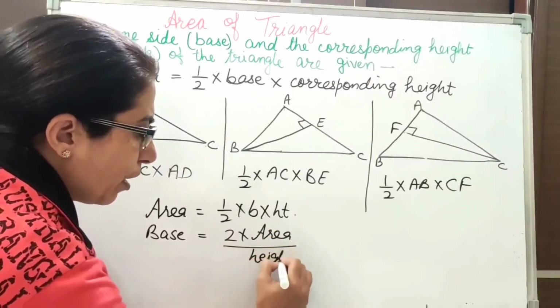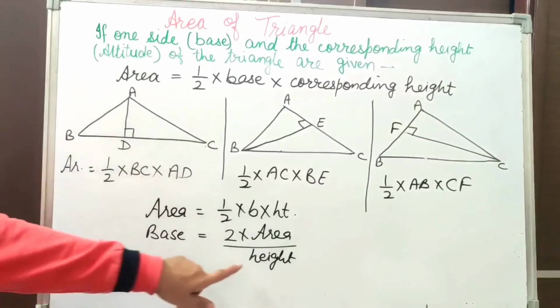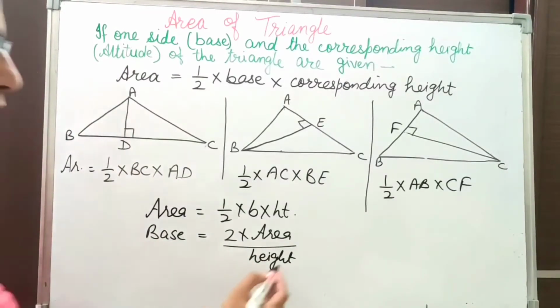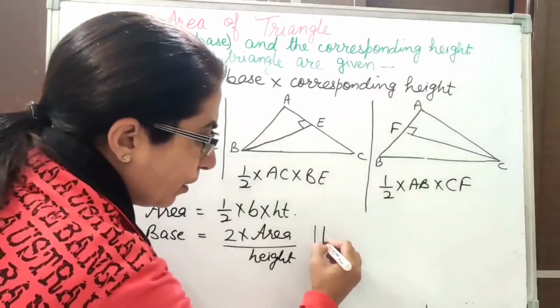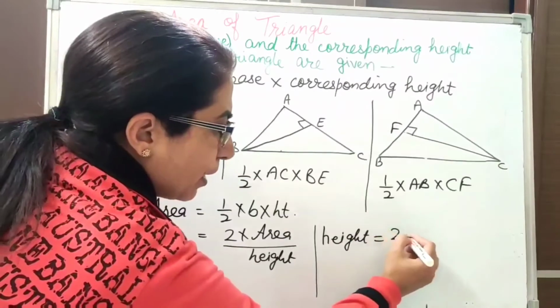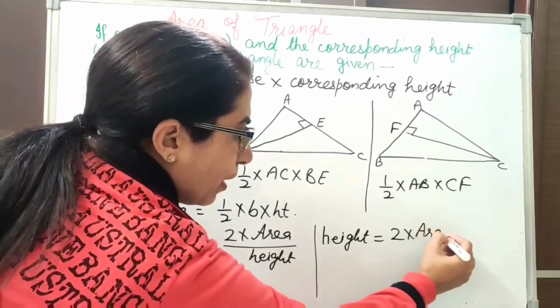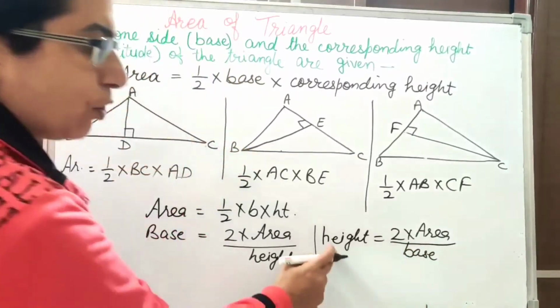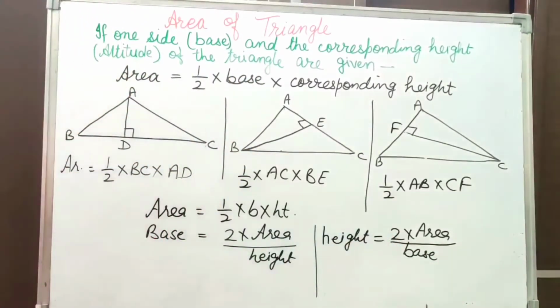Make sure this height is the corresponding height to this base. Or if you are finding the height, we also get a direct formula: 2 multiplied by area upon base, and again this height should be the corresponding height to this base. So we can apply a direct formula to find base and height when the area of the triangle is given.